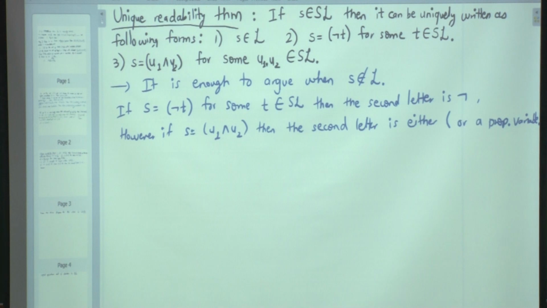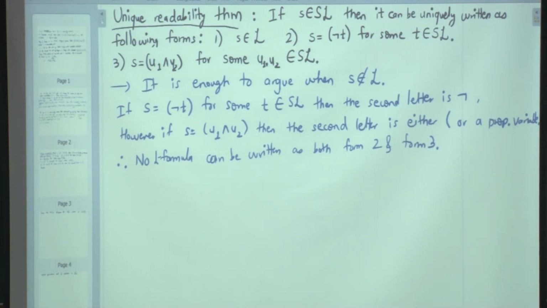Therefore, no L formula can be written as both form 2 and form 3, because their strings are different, the second symbol is different.